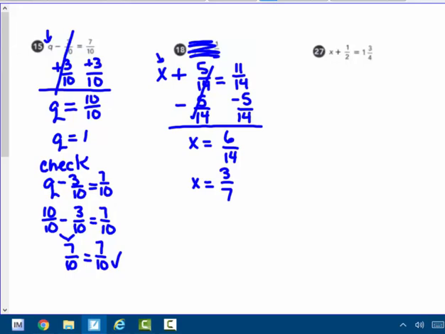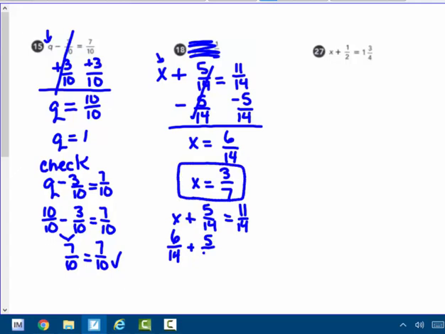However, when I check, it's easier if I check with that 6/14 because that's got the common denominator. So x plus 5/14 equals 11/14. 6/14, not my lowest terms, 3/7, but my answer is 3/7. This is the answer, the solution.